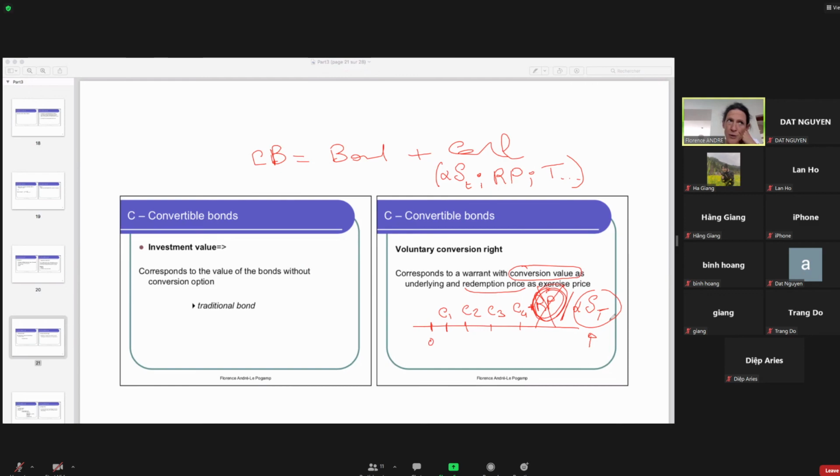And of course, the motivation for a company to use flexible financing is very important, to be in line with the uncertainty of the investment. So we need to have flexibility in terms of financing. You understand? Okay.